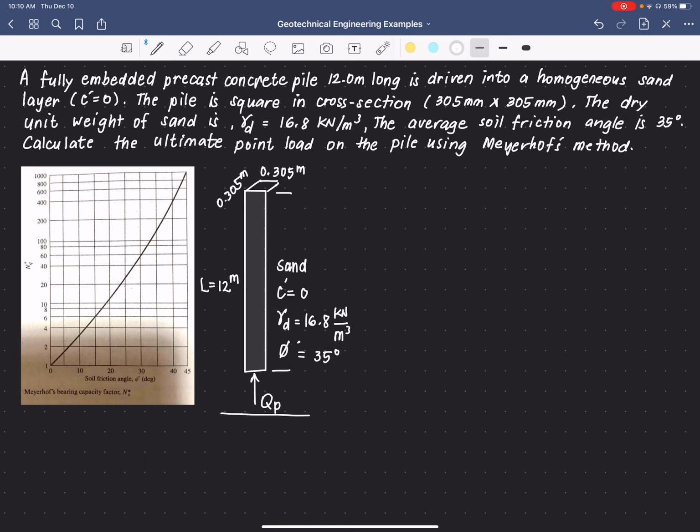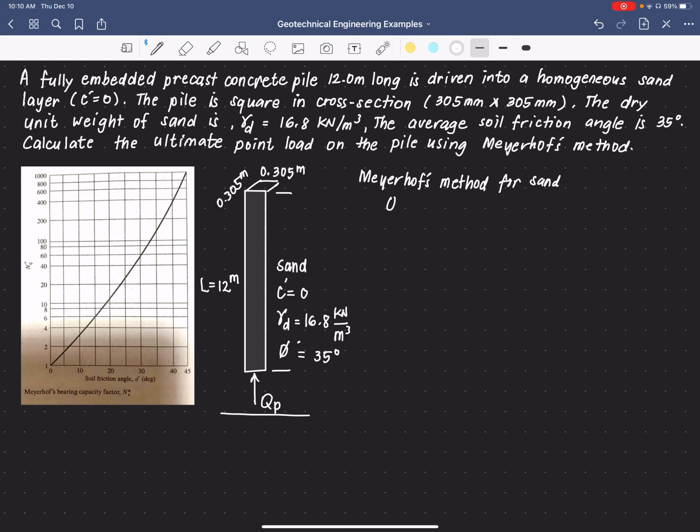So this is based on the Meyerhof method for piles in sand.